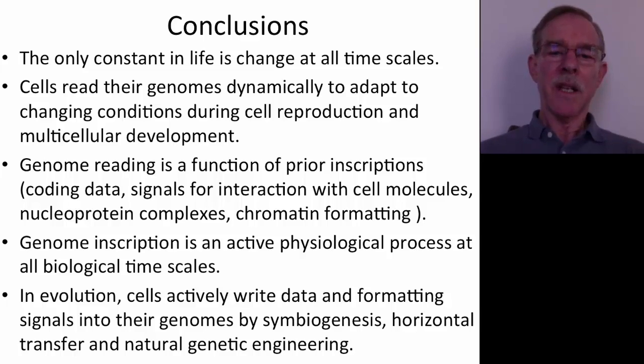And the ways that cells read their genome is a function of prior inscriptions in the genome: coding data, signals for interaction with cell molecules, nucleoprotein complexes, chromatin formatting, and so forth. And these are forms of genome inscription, which is an active physiological process at all biological timescales.